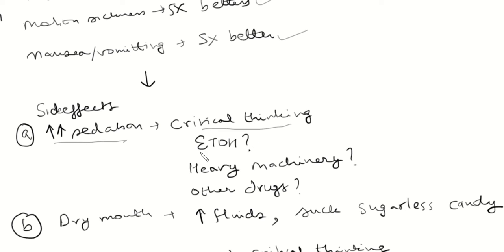So when somebody's talking about taking this medication and then they also drink alcohol, what comes to your mind? Uh-oh, this person's going to be sedated big time. I don't want that. Okay? If I'm taking a drug and I'm operating heavy machinery, that's not good. I can harm myself and other people. What do I need to educate the patient on? Do not operate heavy machinery.